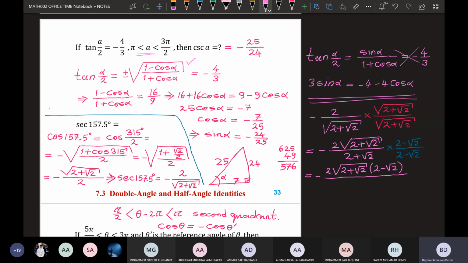So result, Shabab? 2? How did you get 2, Shabab? 2 multiplied by 2 is 4, minus root 2 by root 2, it's 2. So 4 minus 2 is 2. Exactly. So perfect, Shabab. We got 2 here, which is very nice because we are going to cancel the 2, huh?